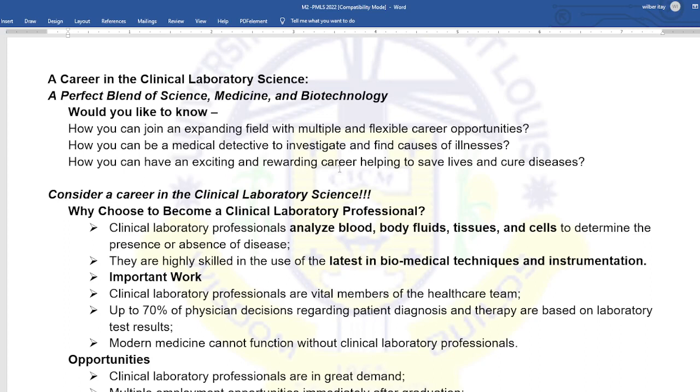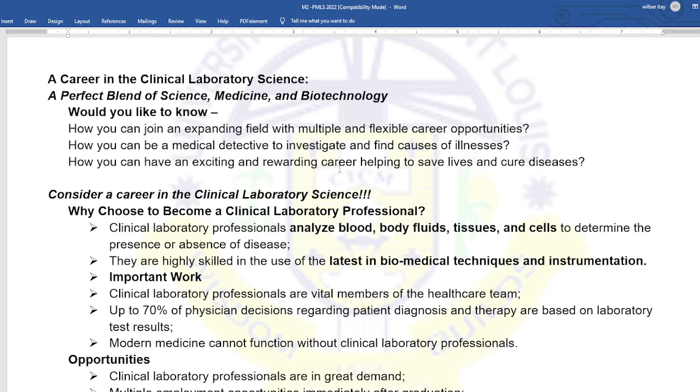And in far-flung areas, they use manual methods. There are still those who use manual methods. Later on in your hematology or clinical chemistry, you will be able to differentiate the automated and manual methods, especially for hematology.